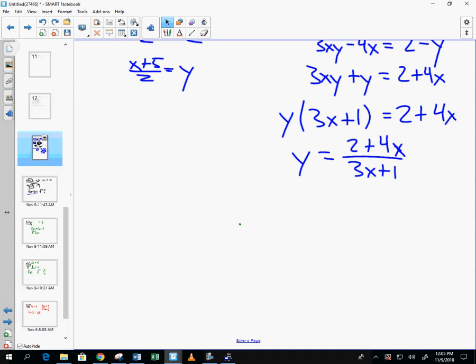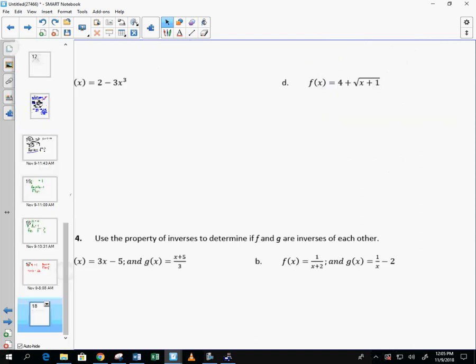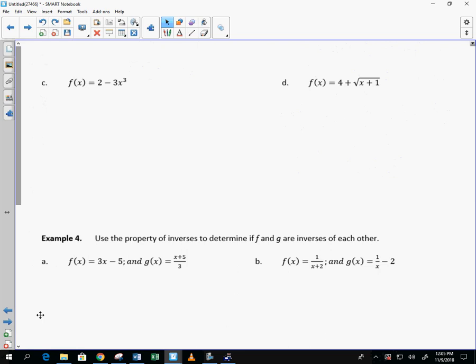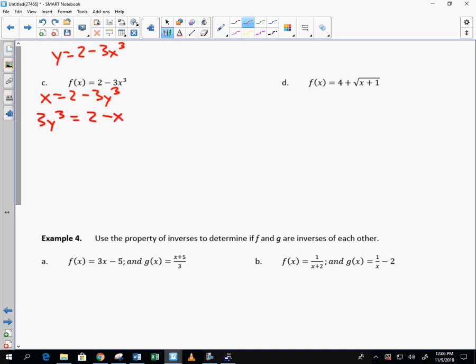All right. Flip your notes over. I got y is equal to 2 minus 3x cubed, and I'm going to switch that to x equals 2 minus 3y cubed. What do? Add the 3y over. So 3y cubed is equal to 2 minus x.